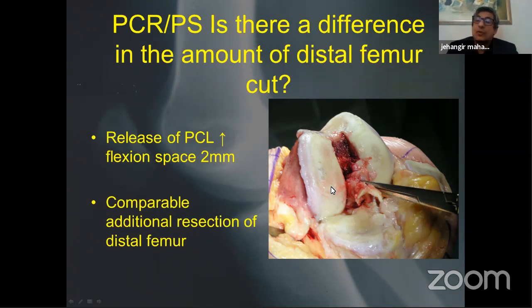The answer, therefore, is if you want to balance your extension and flexion gap, because inherently by cutting your PCL, your flexion gap has increased, you need the correct amount of distal femoral resection to match that. Hence, Professor had said in one of the previous talks that 1 or 2 millimeters of extra resection of the femur is not going to make a difference to your joint line.